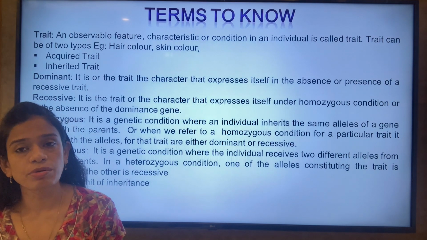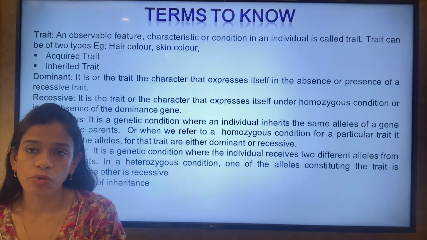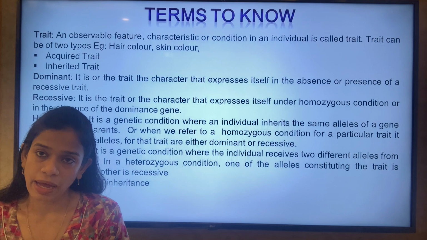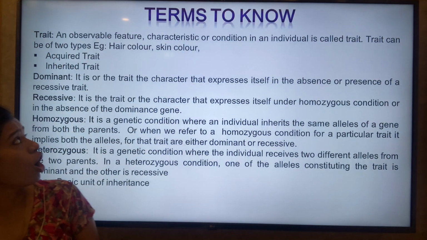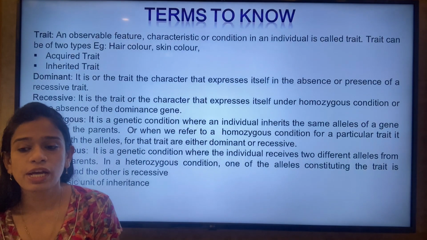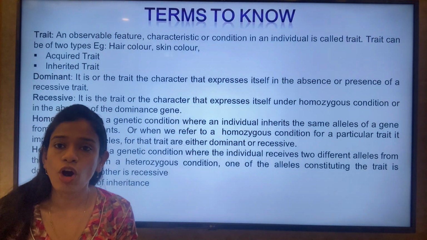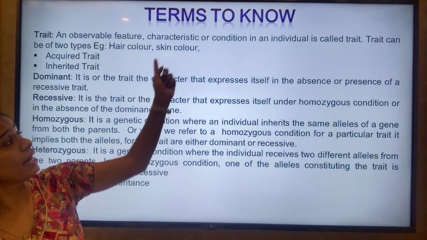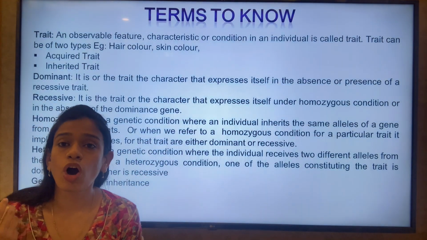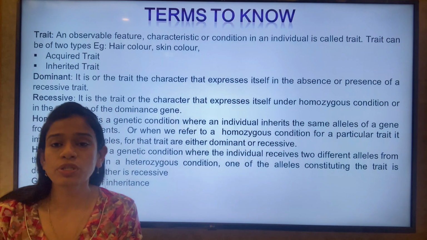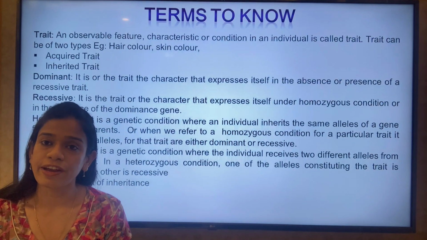These are some terms which we have not generally come across in the other chapters of biology. So the first term is trait. It is an observable feature, characteristic or condition in an individual, and it is called a trait. Suppose we say that a person is very tall.